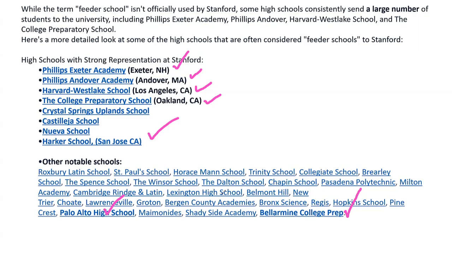Those schools are the feeders for Stanford University. Every year they have maybe 5, 10, or 15 students admitted to Stanford. If you graduated from a different school, it would be harder. So look for these different feeder schools for Stanford.